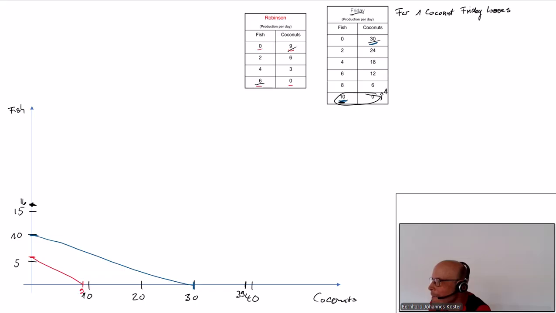Yeah? Because if you look at the total amounts here, the exchange ratio between the two goods is 30 over 10. So it's 3. So increasing my production in coconuts means I'm losing 1/3 of fish.